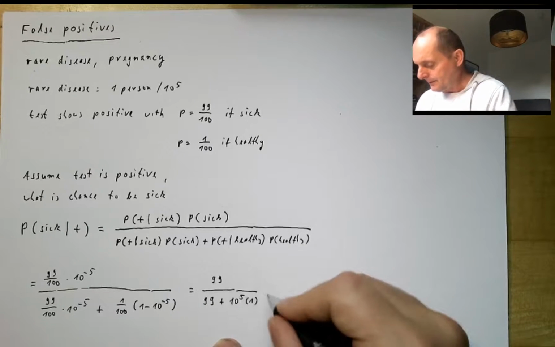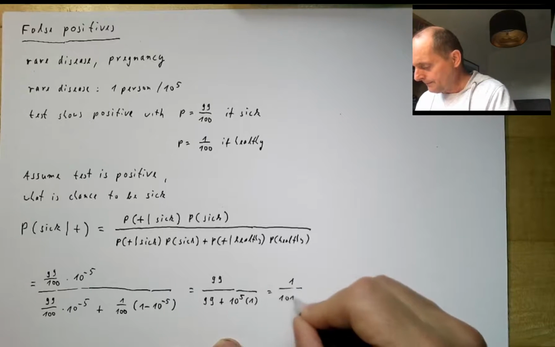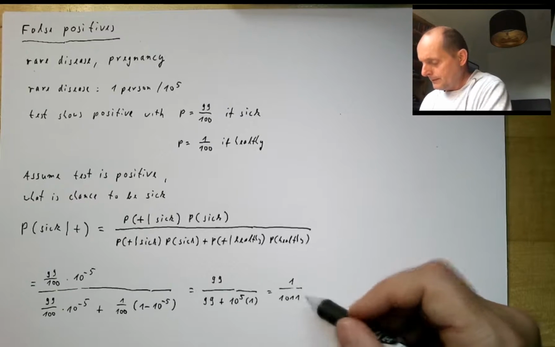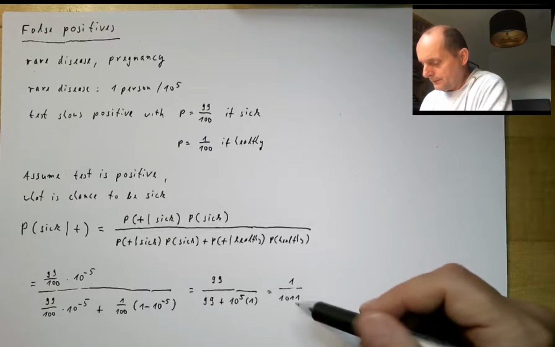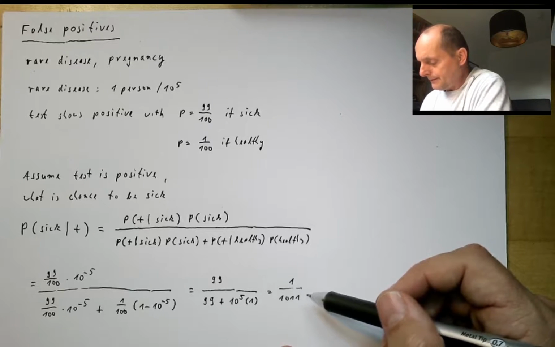And when you calculate this, we have something like 1 over 1000, so it's a small number. That means the probability to really be sick, even though you have a positive test, is very small.